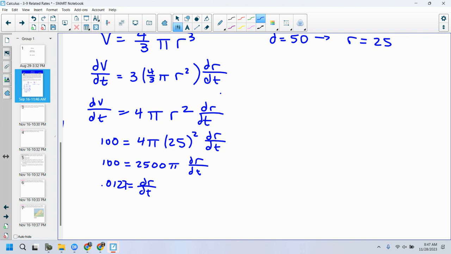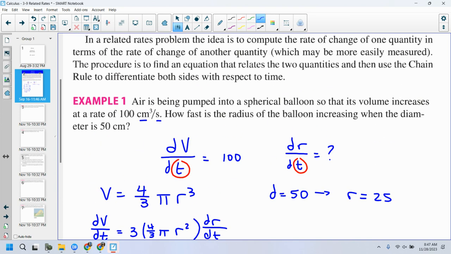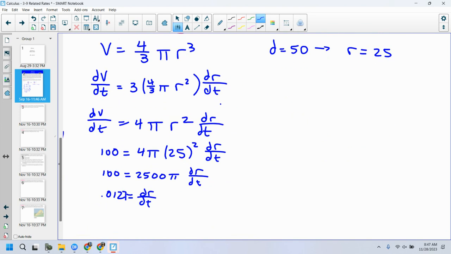Let's figure out what units we need to say. Well, the linear length is centimeters. And radius is a linear length, right? Radius is not an area, but linear. So we are saying 0.0127 centimeters per second.